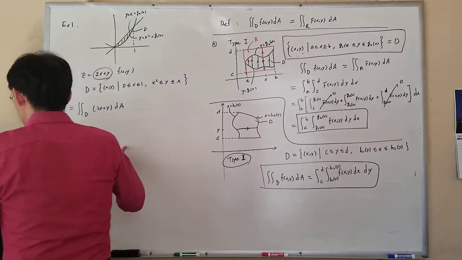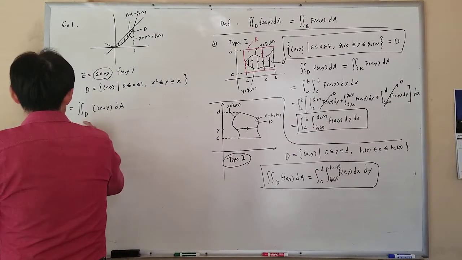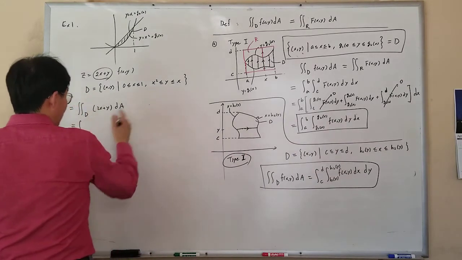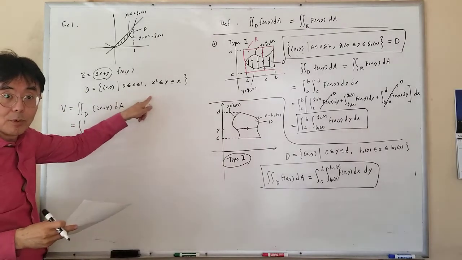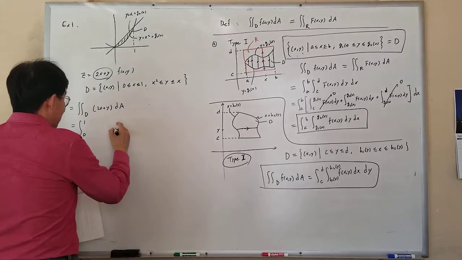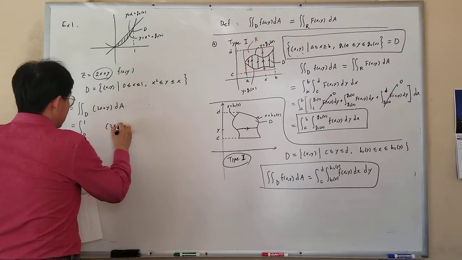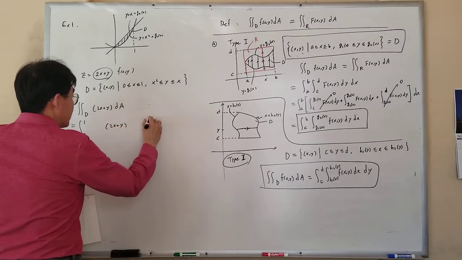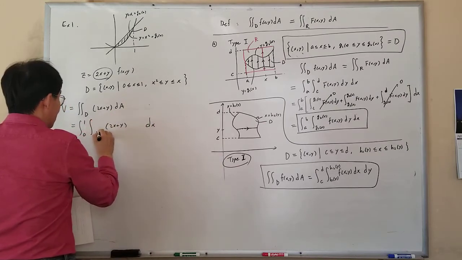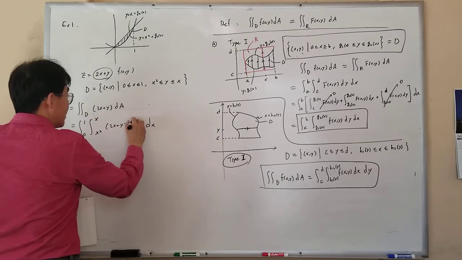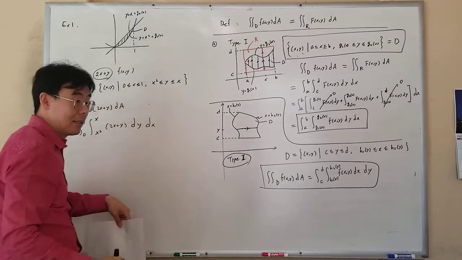Then this is using type 1: x runs from 0 to 1. For given x, y runs from x squared to x, dy. Okay?